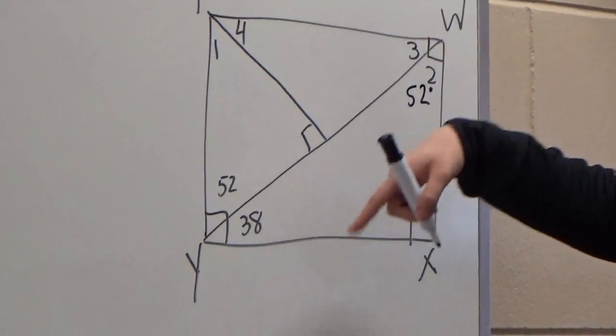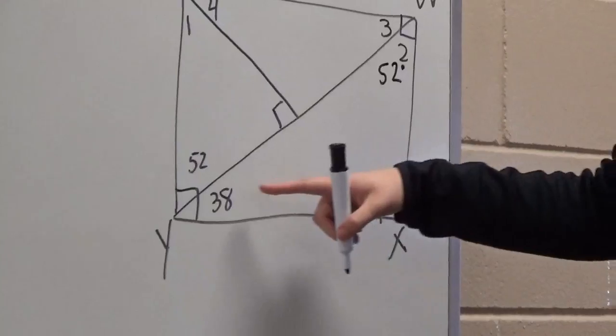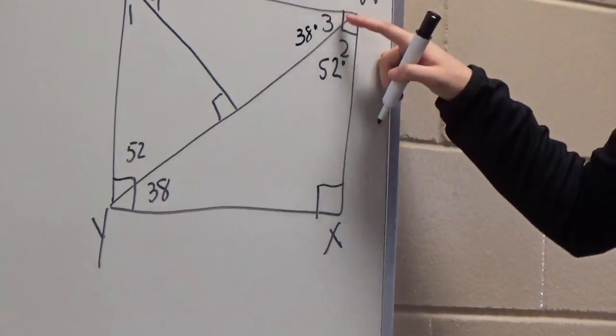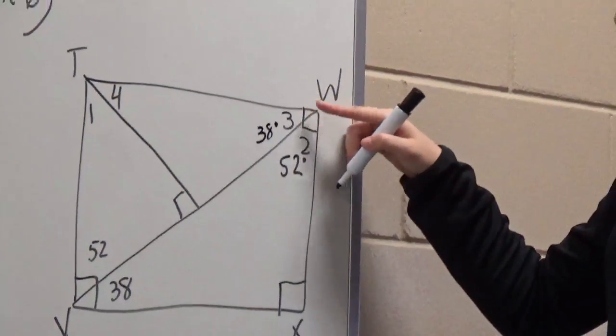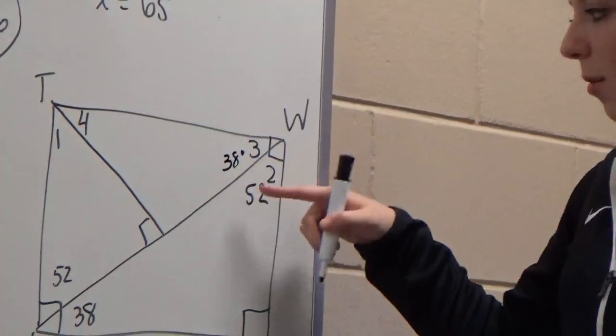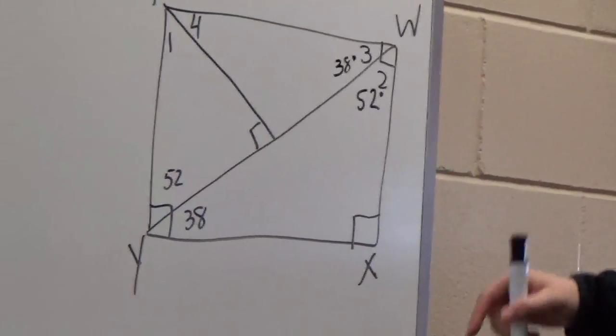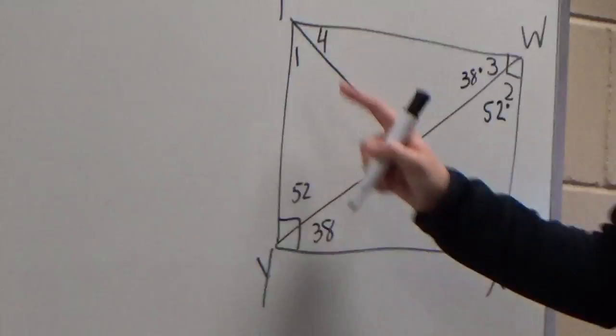Now you can do angle 3 next. It's going to be the opposite, so it's going to be 38, because again it's a right triangle. So 52 plus 1 equals 90, 38, like we just said over here. Now you can find the 1.